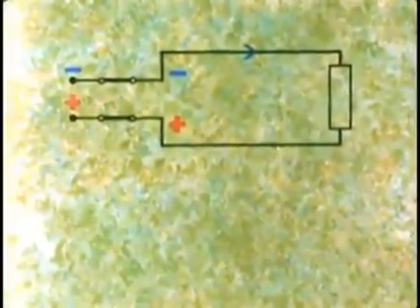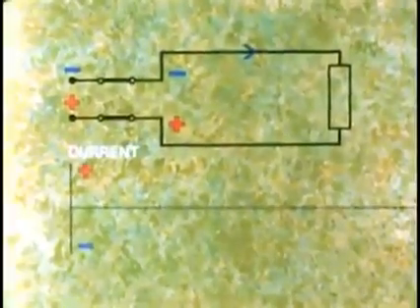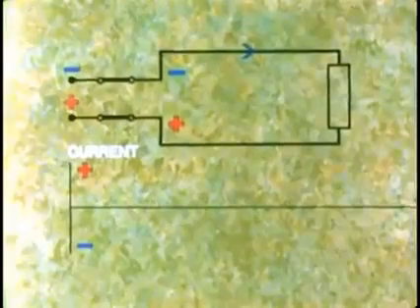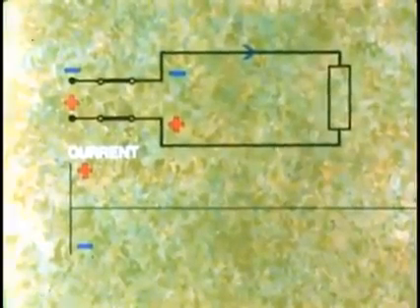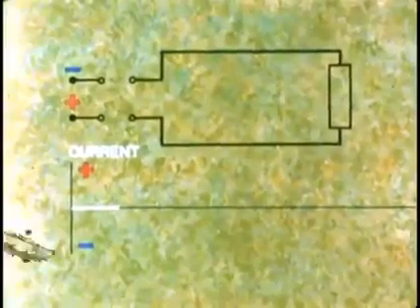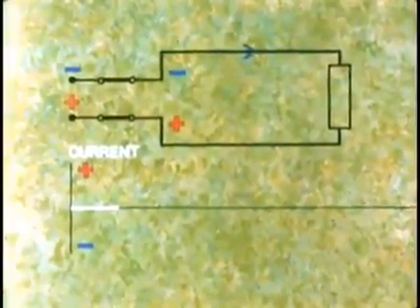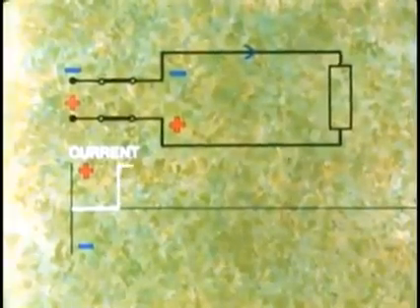Suppose we have a simple circuit in which, using some sort of switch, we can make the current flow either way through the resistor, and we plot on a graph the current flowing at any moment. For a little while, with the switch open, there is no current flowing. Then we switch the current on in the positive direction, and at once we have a positive current flowing in the circuit.